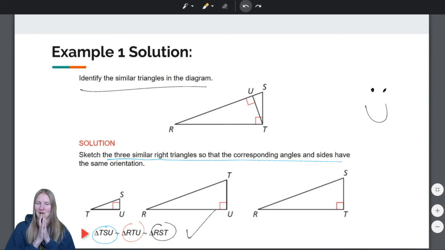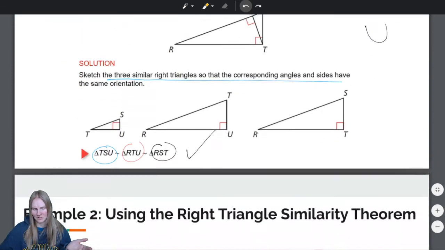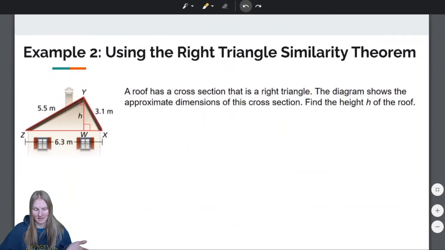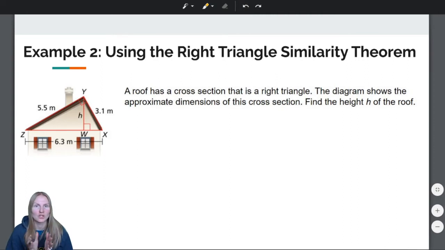Yay! But we haven't found any side lengths, right? Our success criteria said that we needed to use this right triangle similarity theorem to find side lengths, to solve problems. So, here is a problem that we're going to solve. A roof has a cross-section that is a right triangle.